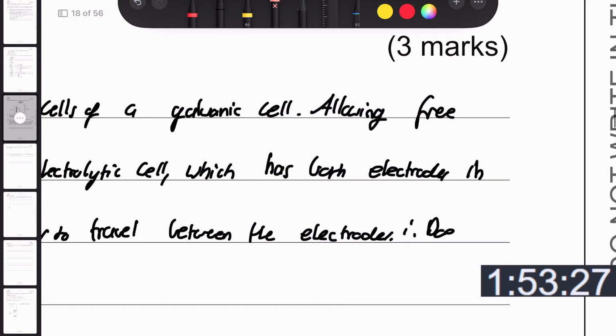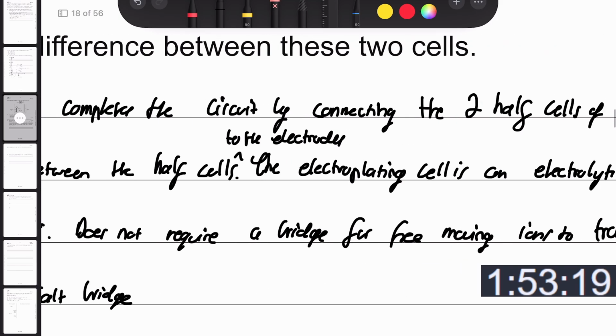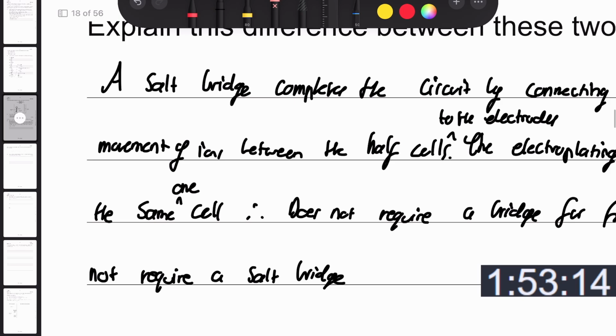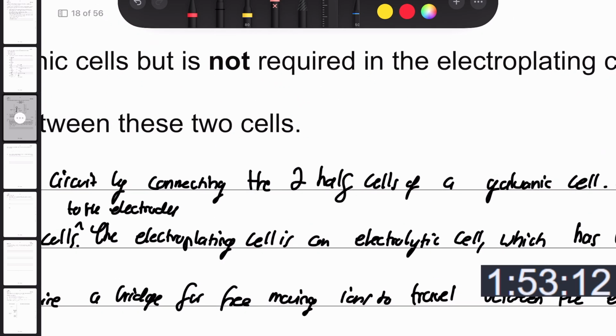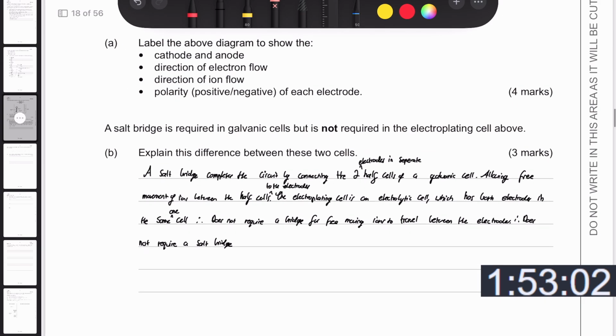Therefore does not require a salt bridge. Okay.